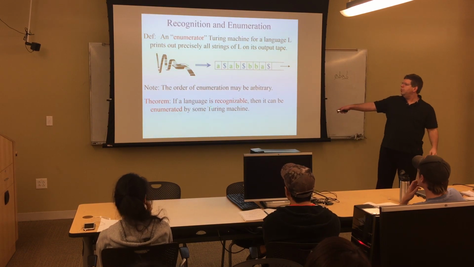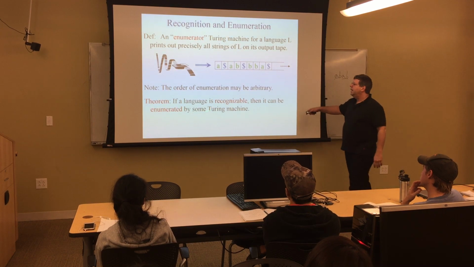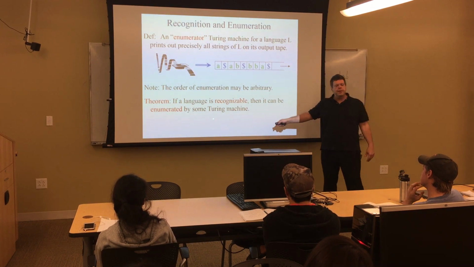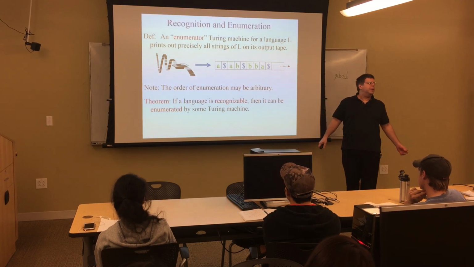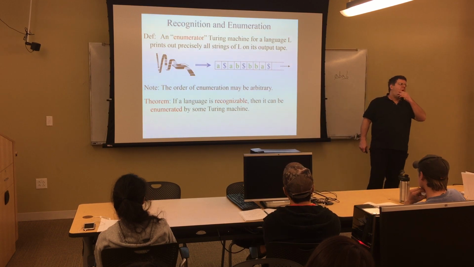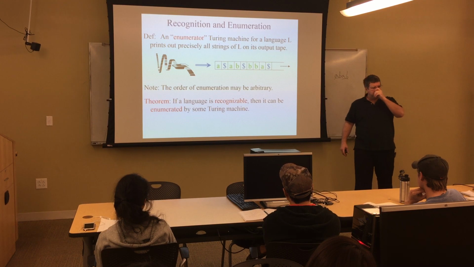We have an enumerator that we're trying to build, right? And so we have a recognizer, and we're trying to build from it an enumerator, right? How do we do that in a way that works?